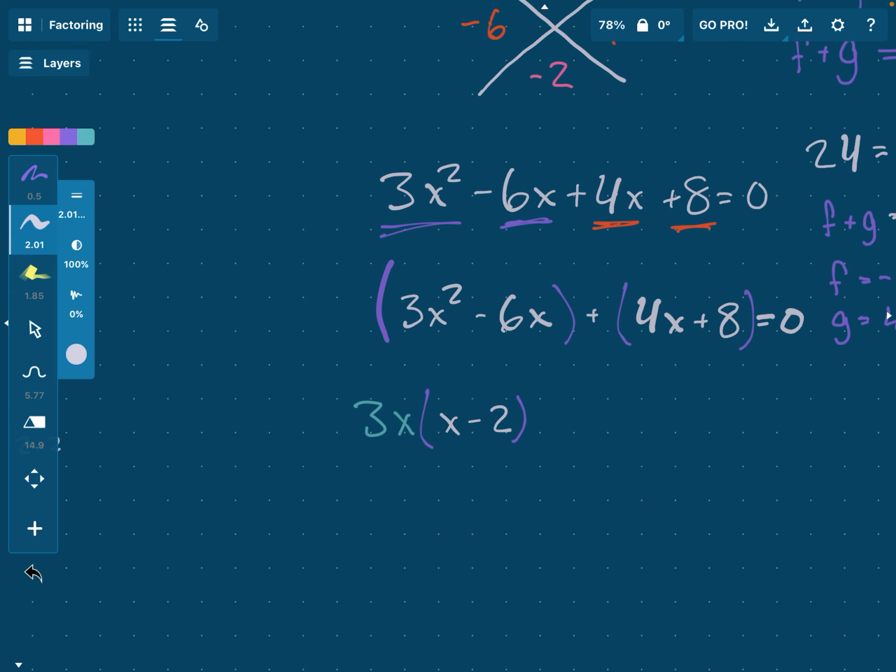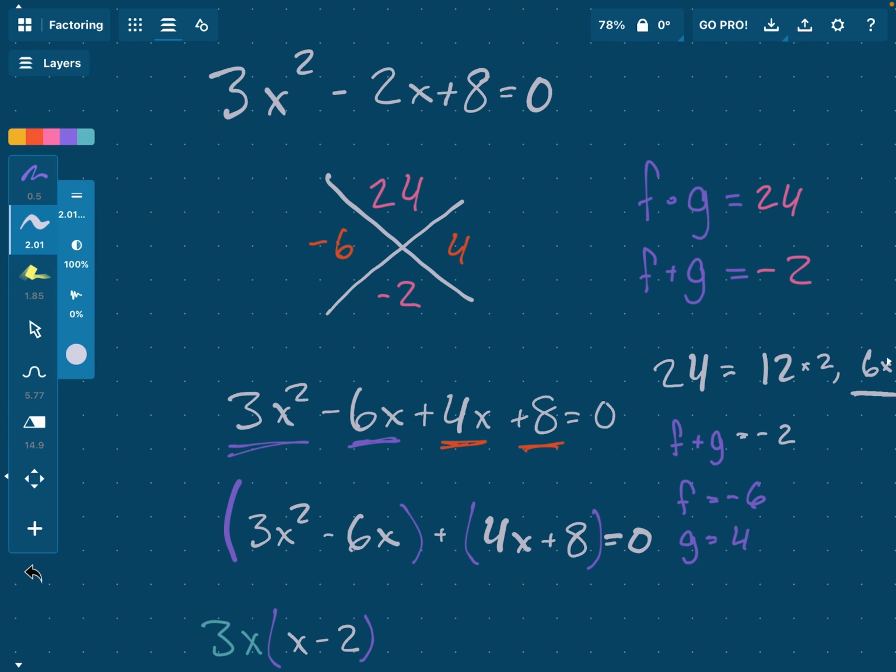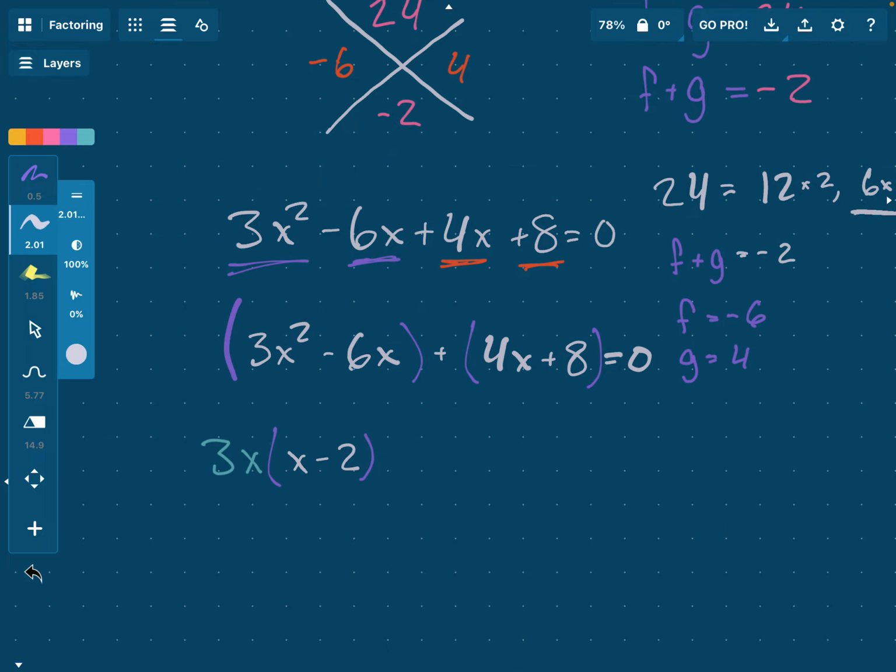I think we might have done something wrong here. Whenever we pull out the 4 on the other side, we'd end up with just x plus 2 and not x minus 2.